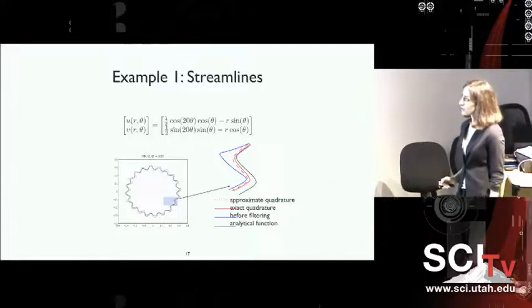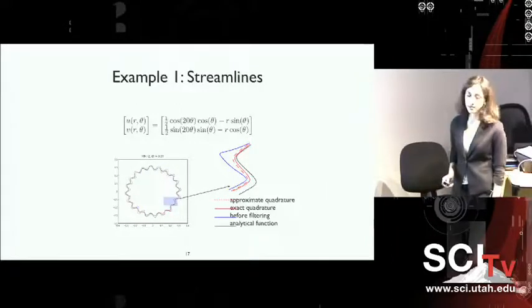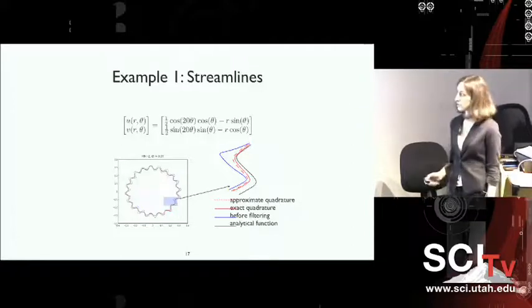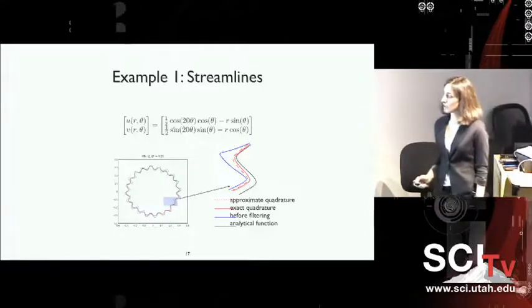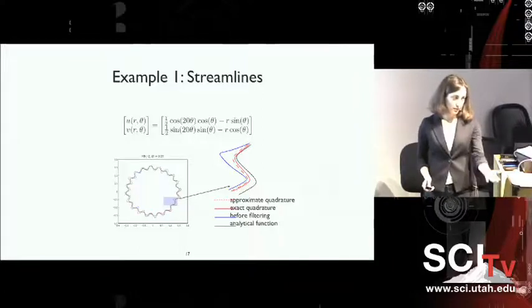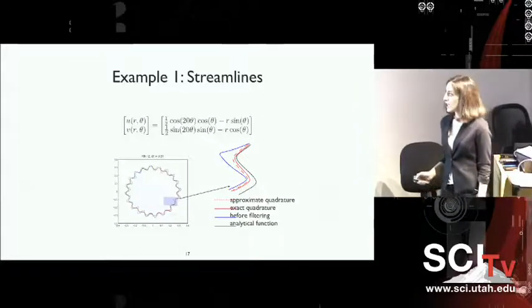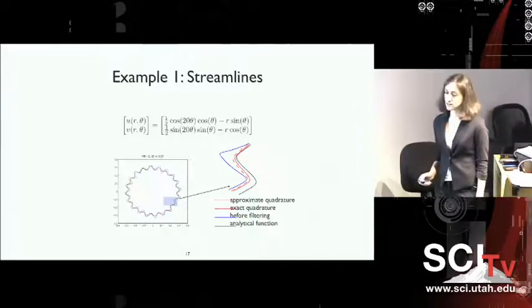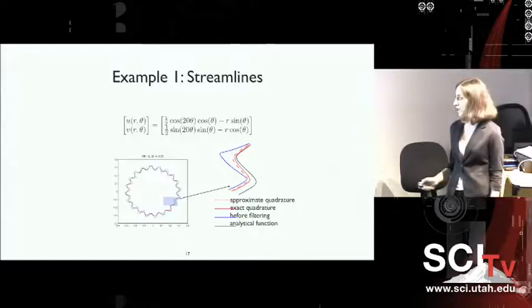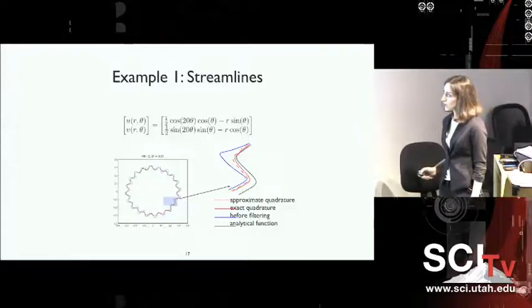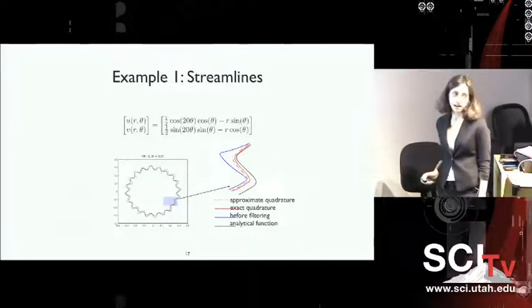The solid red line is the streamline that has been calculated using the exact quadrature approach for our filtering operation. And the dashed line is the streamline that has been calculated using the approximate quadrature approach. So as you can see, this still provides enough accuracy compared to before the application of the filter, and it closely follows the exact quadrature filtering streamline.